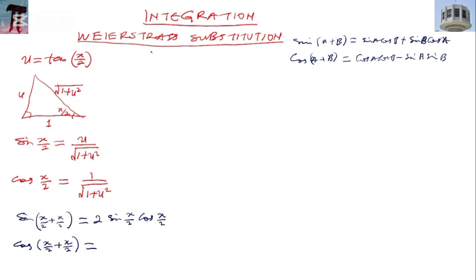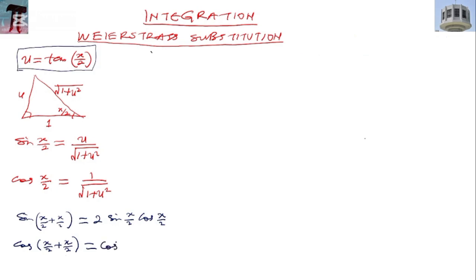But recall that our a and b are the same here, which is x/2 and x/2. That is how we get 2 sine(x/2) cos(x/2). In the same way, cos(a plus b) is cos a cos b minus sine a sine b, so cos(x/2 plus x/2) will give us cos squared(x/2) minus sine squared(x/2).